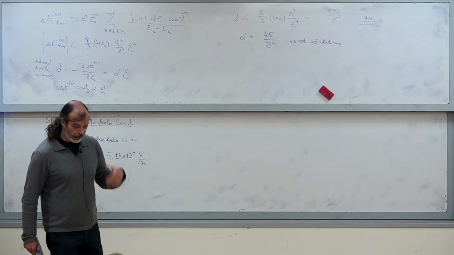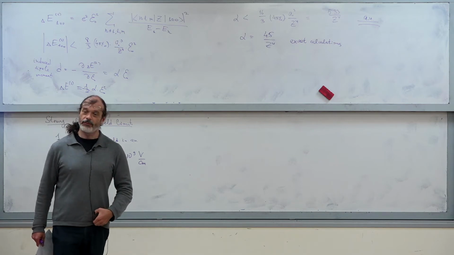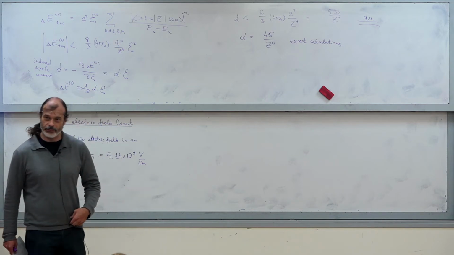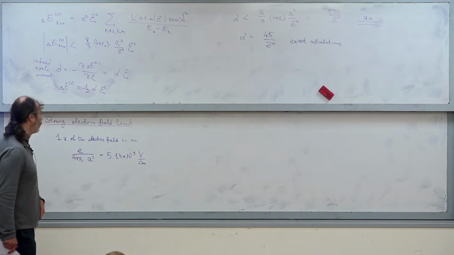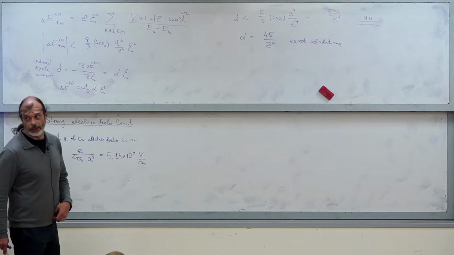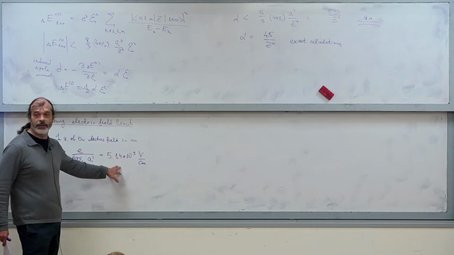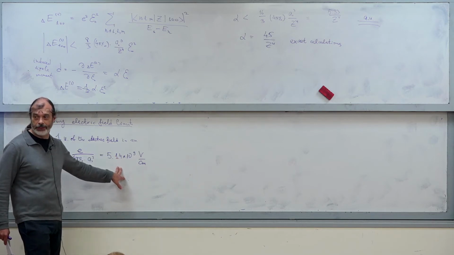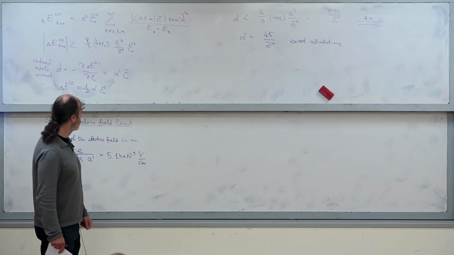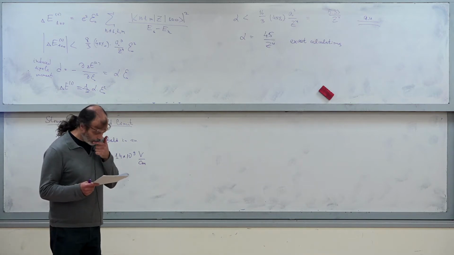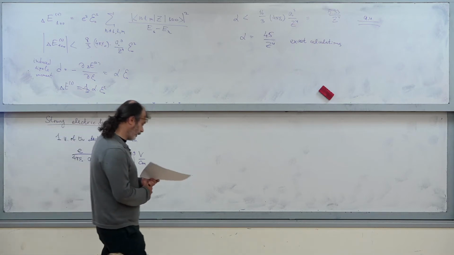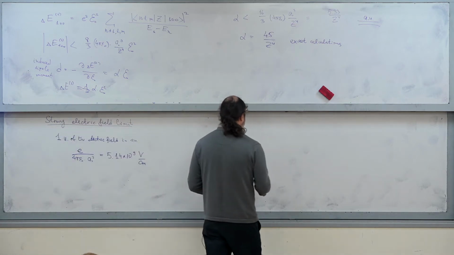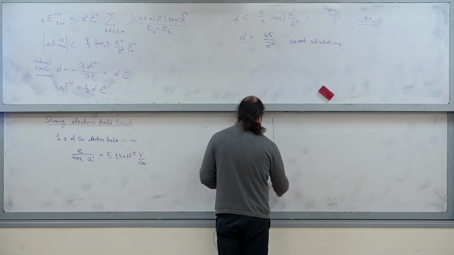The question is how strong the electric field should be in order to distort the Coulomb interaction between the atom and the electron. So this is of the order of the electric field that we have to apply. Is that right or not? Let's check that in a moment. We can imagine how this distortion will work.